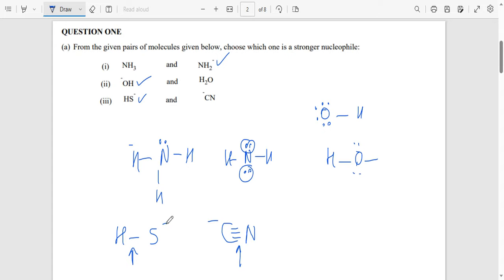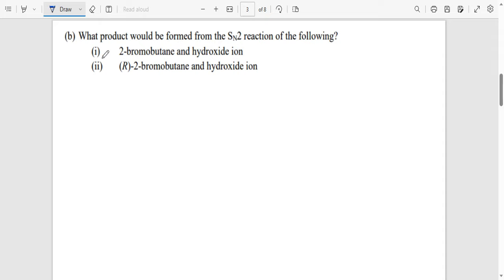So there is a greater difference in electronegativity, meaning that sulfur pulls electrons more towards itself. But between carbon and nitrogen, these two are very close to each other. So the pull of electrons towards the carbon in this case is not that high. And so this HS is a stronger nucleophile.